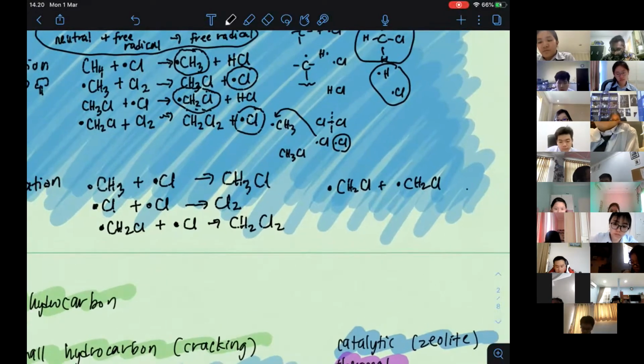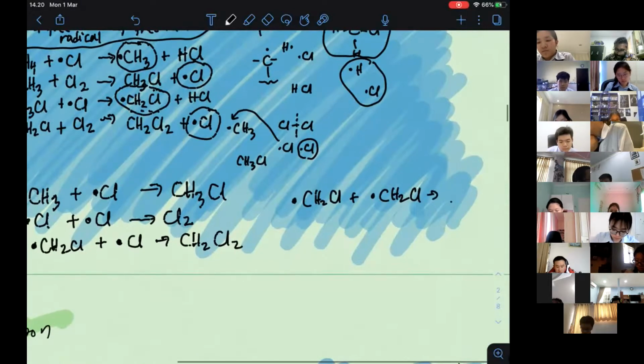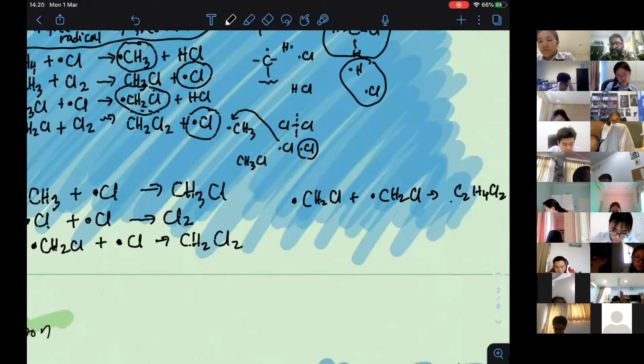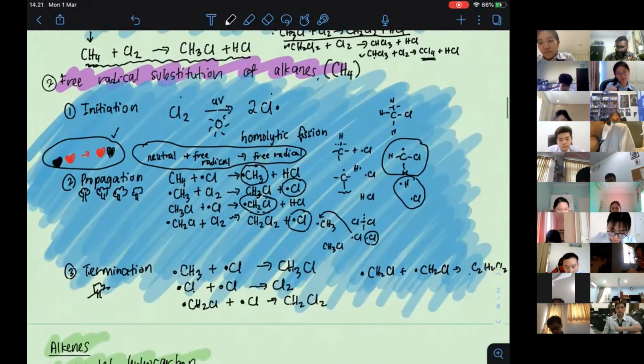You can rewrite everything, or you can write C2H4Cl2. Basically, the idea is the free radical will join with free radical to give you a neutral molecule. You want to end the reaction. Okay, you can go through this again. Tomorrow also I will talk about this again.